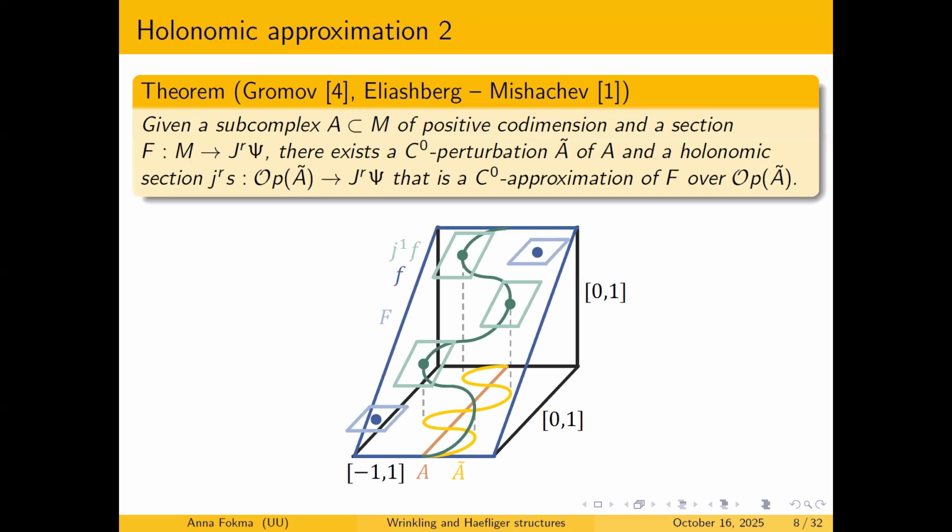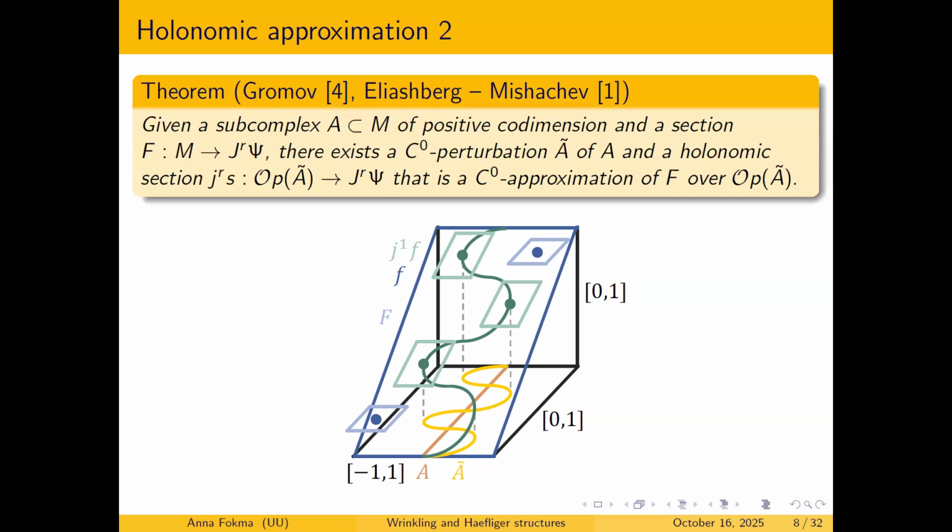So I've drawn again the same formal solution, but now I've extended its domain. So I've added the -1 interval, and I've extended the formal section by just making it constant over that extra direction. And then what the proof does is actually something you may do in real life. So imagine you're standing in front of a mountain and you want to go to the top with preferably approximately 0 slope. Then you do not just go up in a straight line to the top of the mountain.